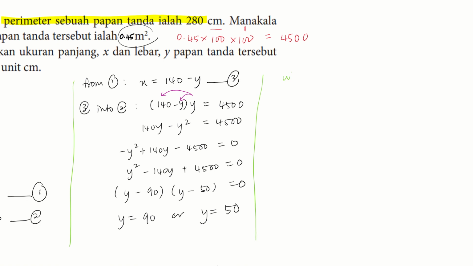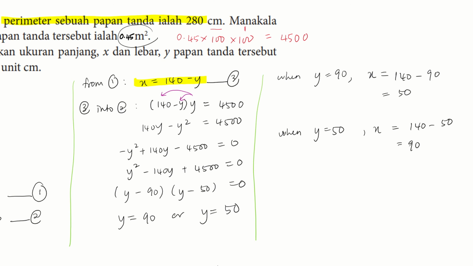So when my y equals 90, my x equals 140 minus 90, so it becomes 50. When my y equals 50, my x is equal to 140 minus 50, which is equal to 90.